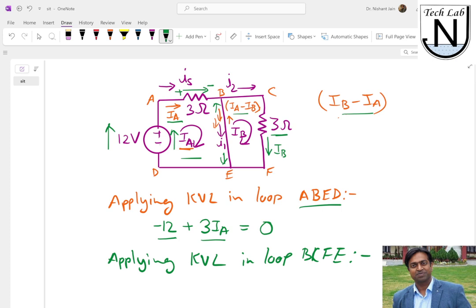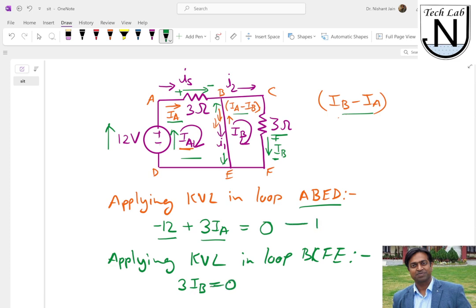Since there is only one resistance, we do not have any other term, and the direction of the current is downward. Positive will be at the tail and negative will be at the head. So simply we are going to put it as 3IB equals 0, right?